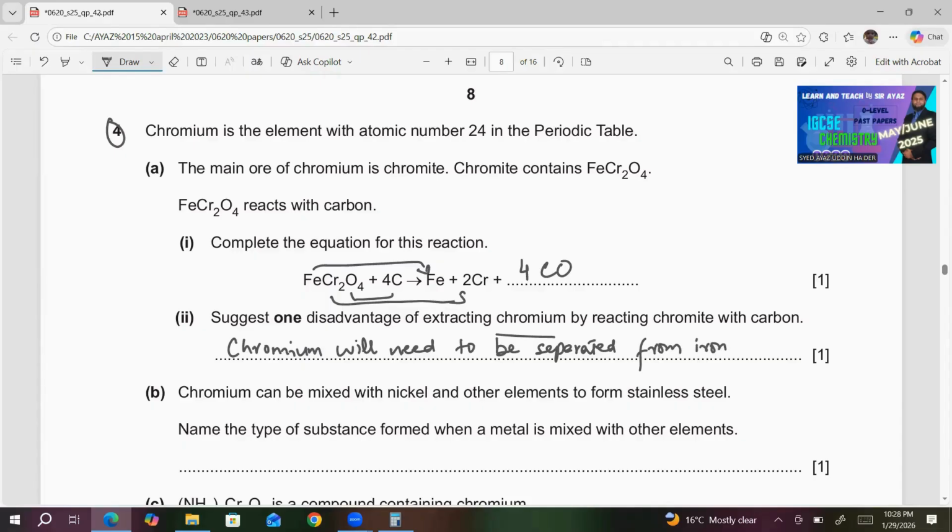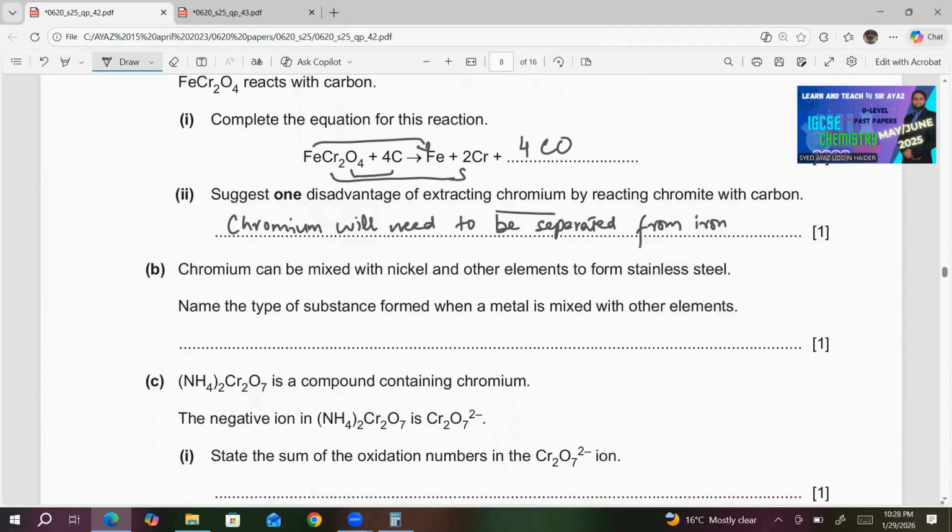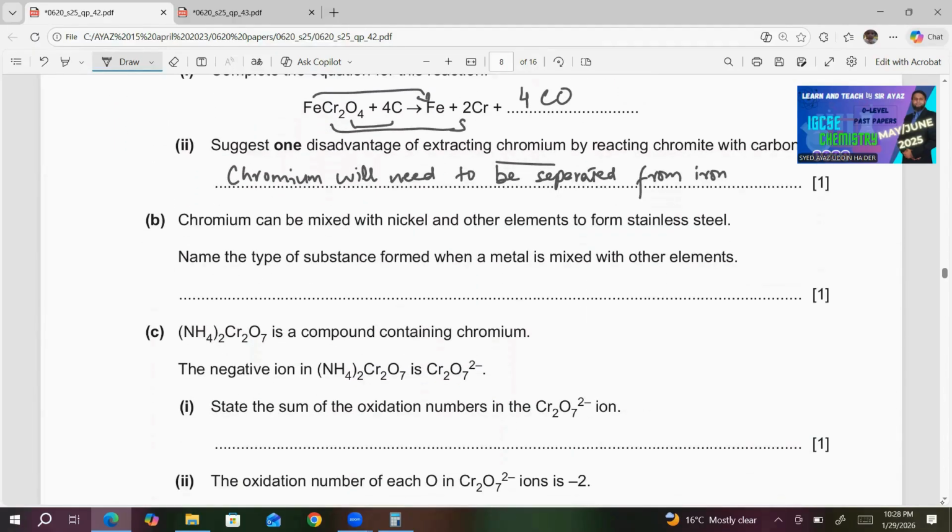B. Chromium can be mixed with nickel and other elements to form stainless steel. Name the type of substance formed when a metal is mixed with other elements. It's known as alloys.